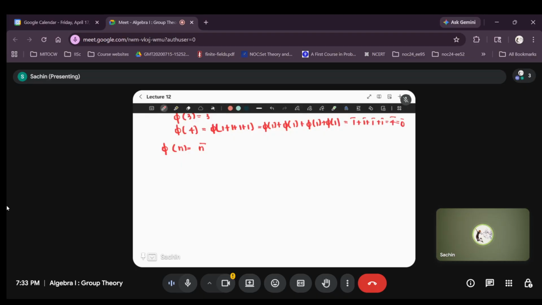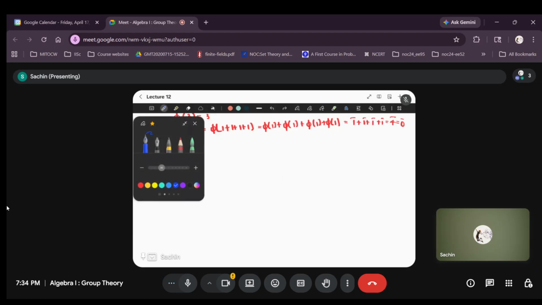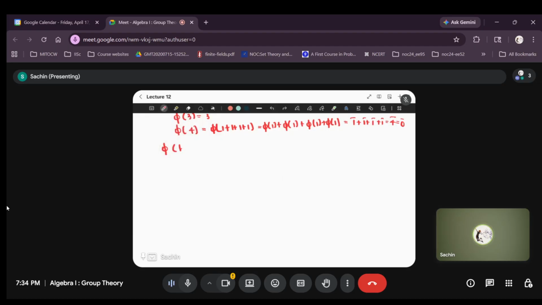Okay, the n is being used twice here, so it might be confusing. We'll say phi of an integer k is equal to k bar. Here k bar is, if you want, you can find k mod n, and that will give you the equivalence class.